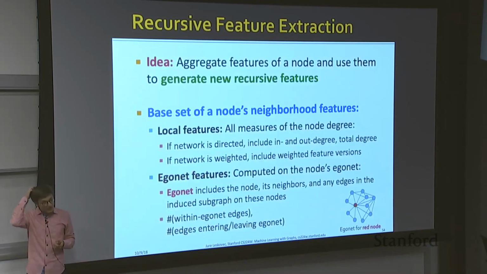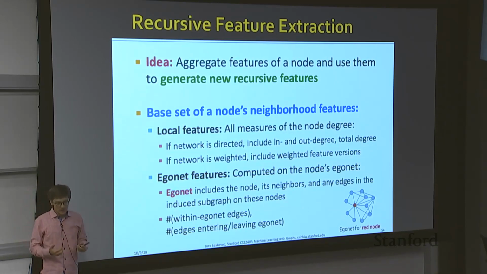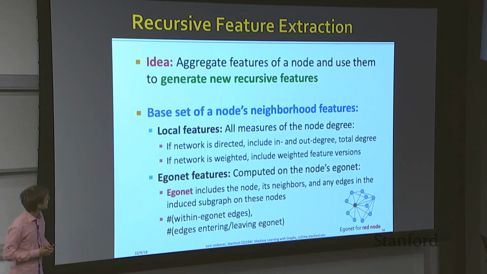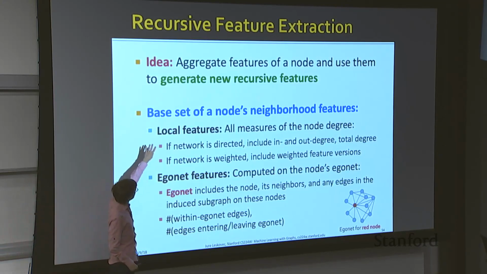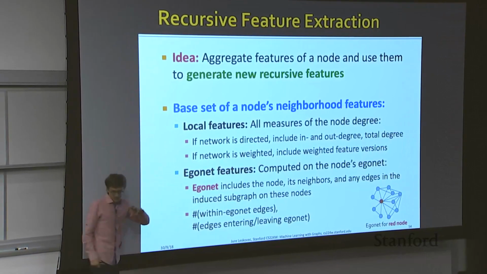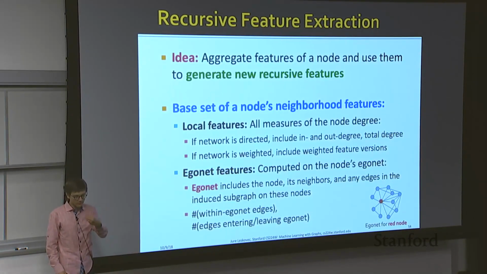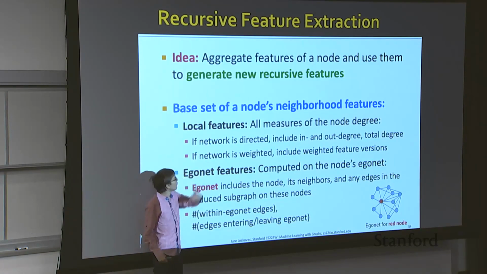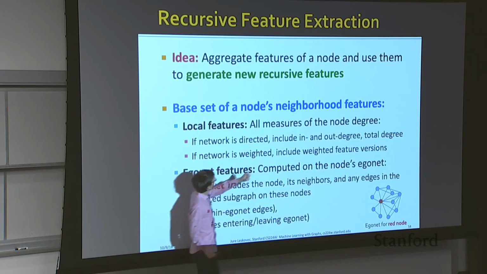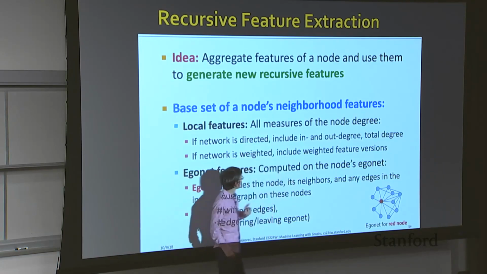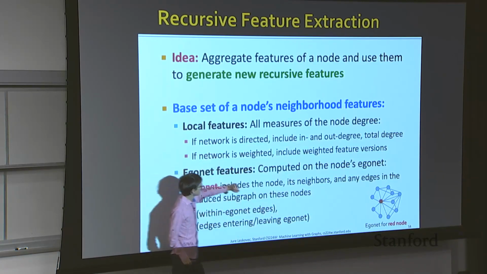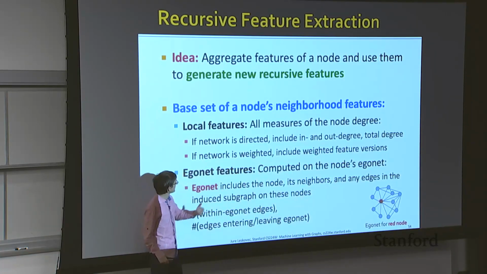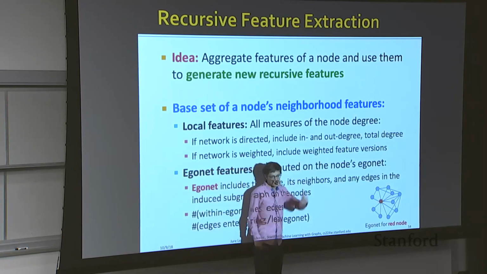So the idea of recursive feature extraction is that we want to aggregate features from a node and turn them into new features, based on the features of the neighbors of a given node. First we will define a set of local features of a node, which are measures of the degree of the node. If the graph is directed, this could be in-degree, out-degree, and total degree. If the graph is weighted, maybe this is the weighted degree, and so on.